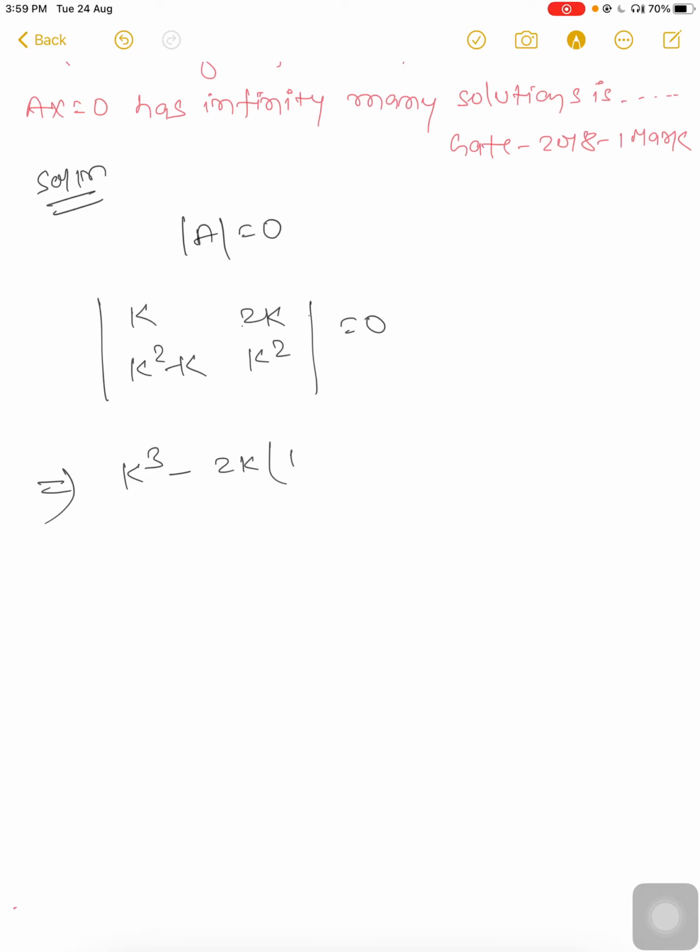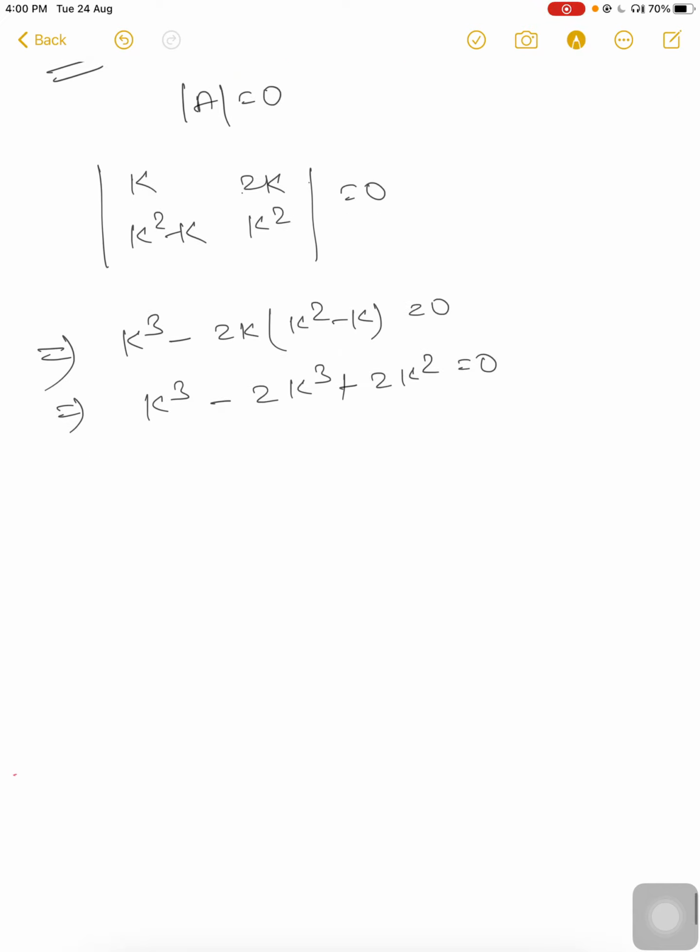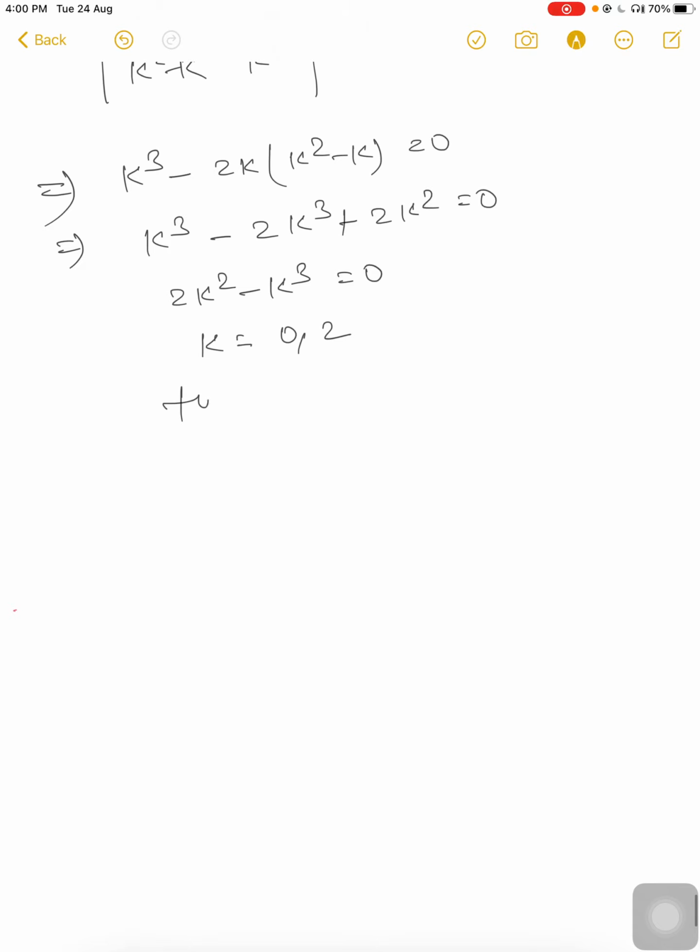Then we get 2k square minus k cube equal to 0, so k equals 0 and 2. So two distinct values: 0 and 2.